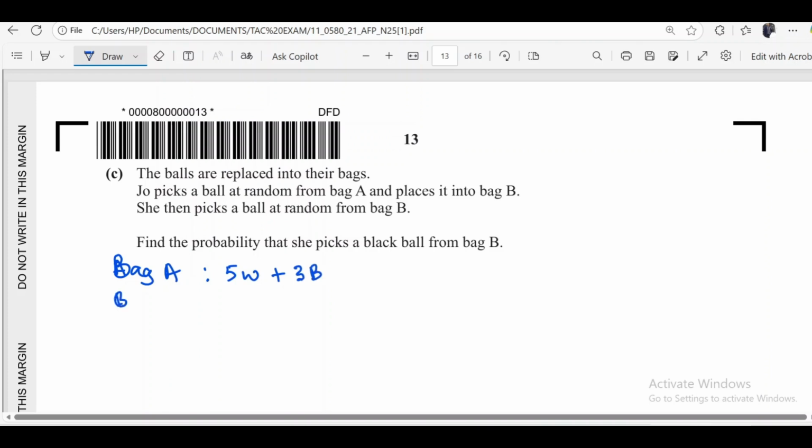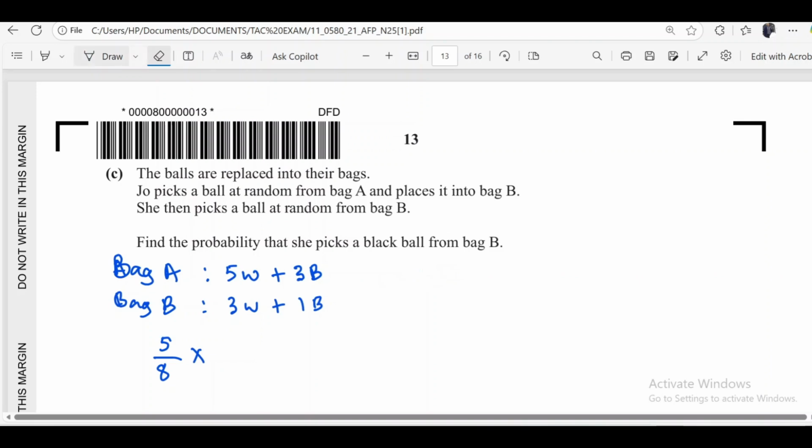Then bag B, we have 4 balls, so we have 3 white and 1 black. We are looking for the probability that the ball picked from B is black, but it picks a ball from bag A first. So let's assume that the first ball from bag A is white. That is going to be 5 over 8.